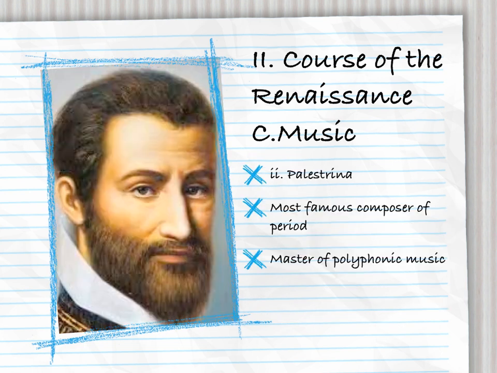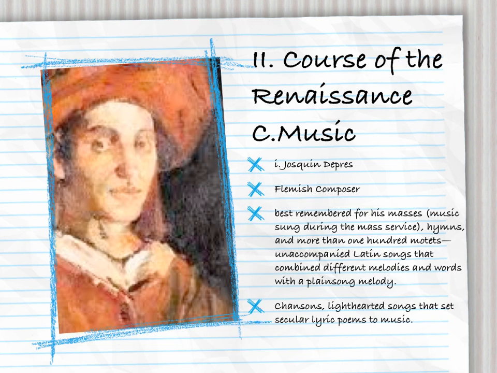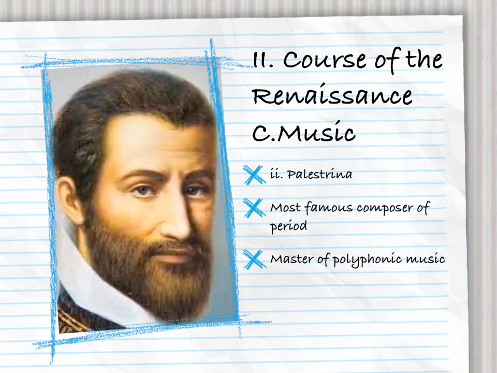Okay, here's Palestrina. He's the most famous composer of the period. And he's a master of polyphonic music. So when we look at a word like polyphonic, you guys should learn how to, and this is for test taking in the future, learn how to take that word apart.